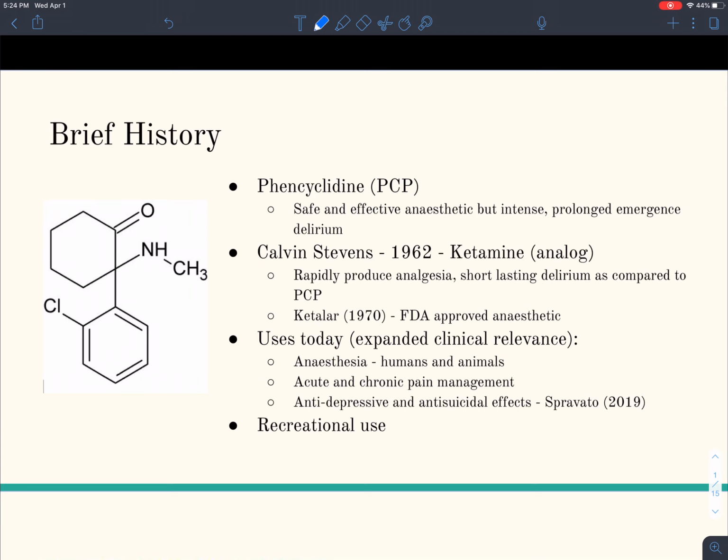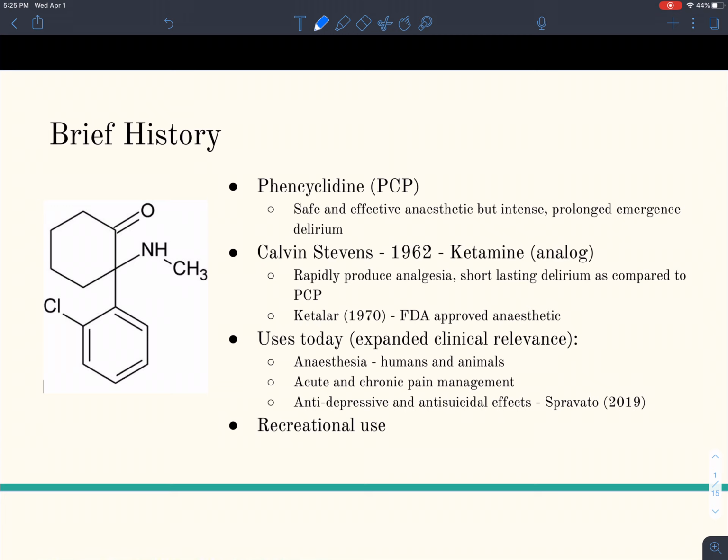Because of this, they thought it was undesirable for human use and went back and started looking into making shorter acting derivatives. In 1962, Calvin Stevens, an organic chemist at Parke-Davis, created ketamine, an analog of PCP.